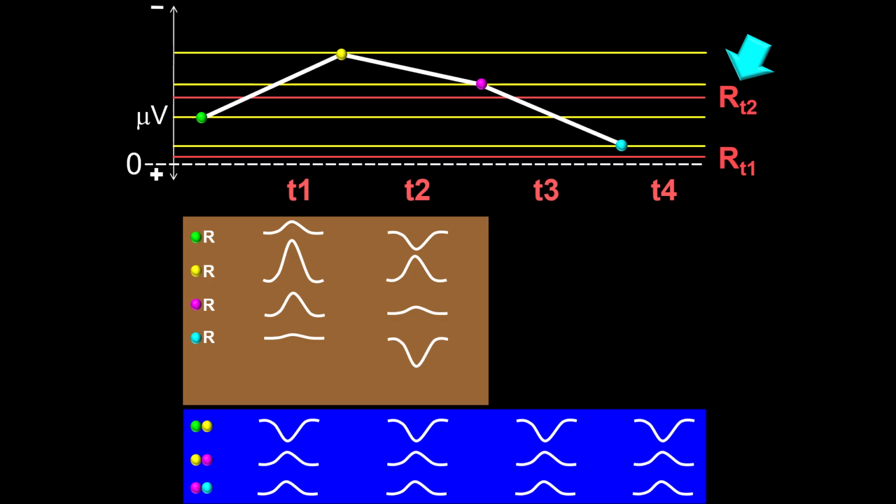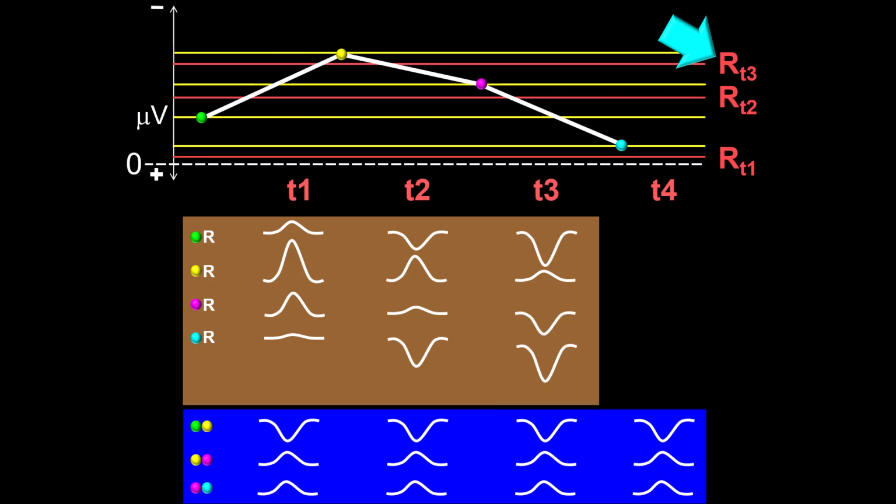That is a polarity different from those in the middle electrodes. Were we now to move the reference to a slightly more negative value, as indicated by the arrow, we would still get a phase reversal because the yellow electrode is still more negative than the reference, while the other electrodes are more positive than the reference.